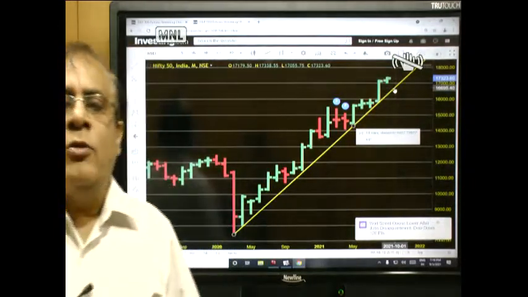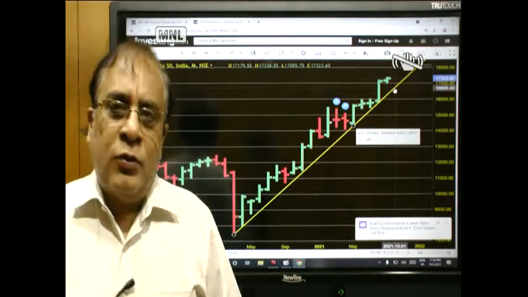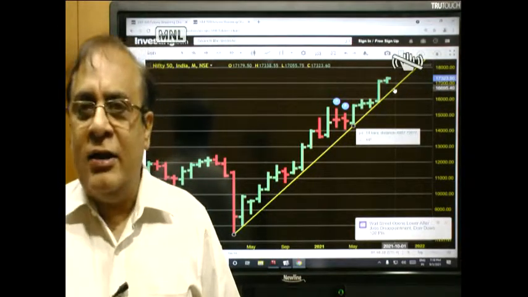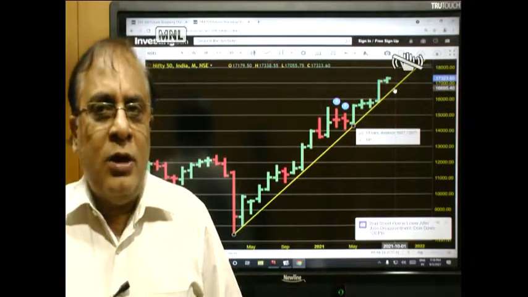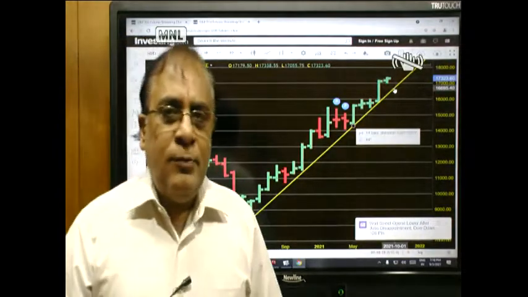If you're talking about 16,250 for this month, you add another 500 points, so it's 17,250, where it is presently standing closer to that. Then another 500 points, so 17,700 or so could be the next important resistance.